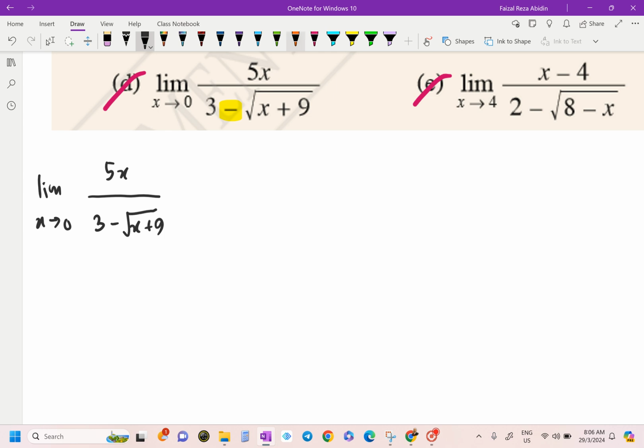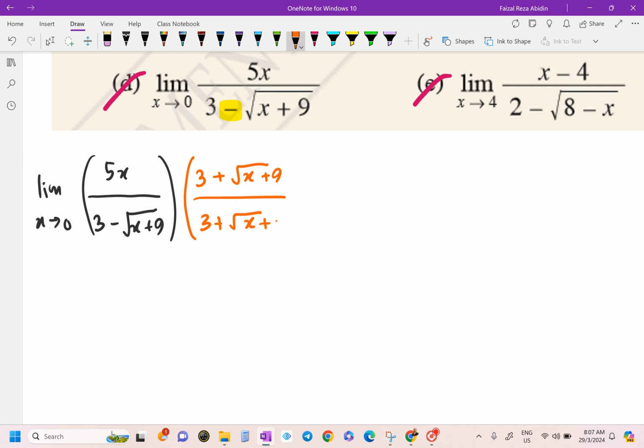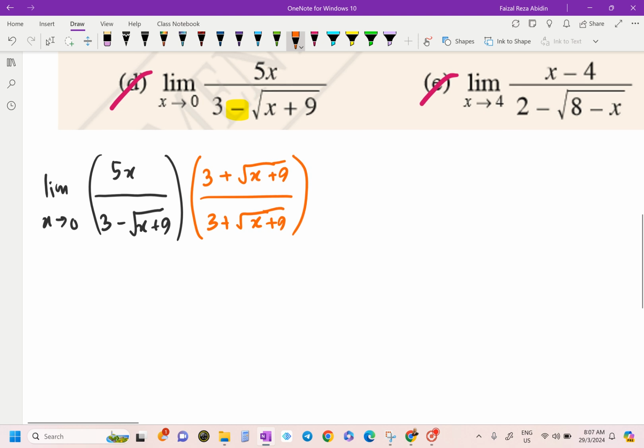So I'm going to times with, okay, this one we are going to do the bracket over here. 3 plus with square root of x plus 9 over the same one that we have at our numerator just now. So if you look over here, we didn't change our questions actually. You are going to times by 1 actually.